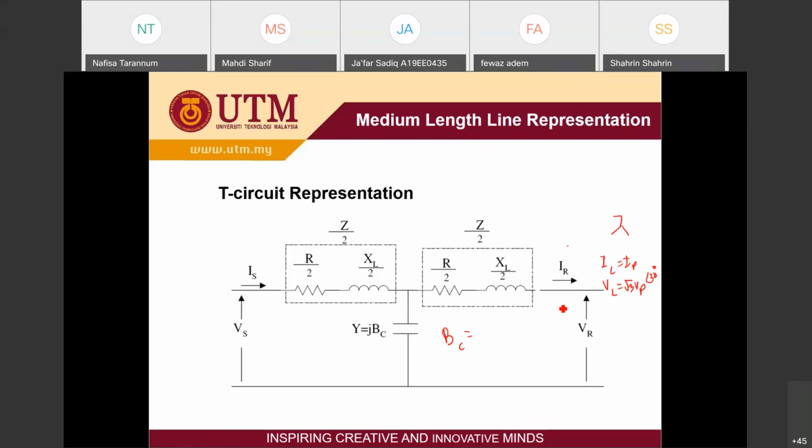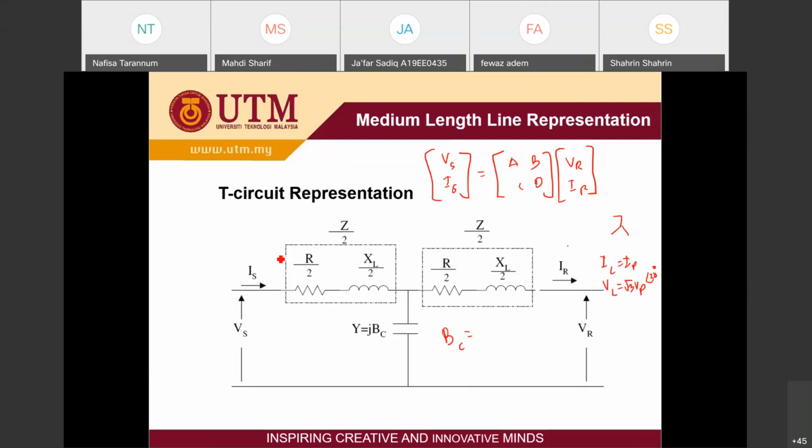But this is the per-phase equivalent circuit, so this must all be in phase values. Then next, you need to represent this relationship in matrix form: Vs and Is equal to the ABCD parameters times VR and IR.